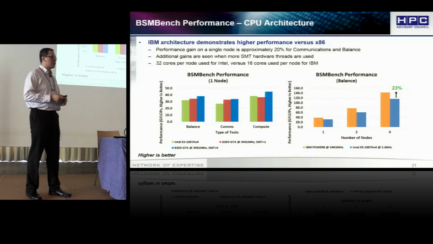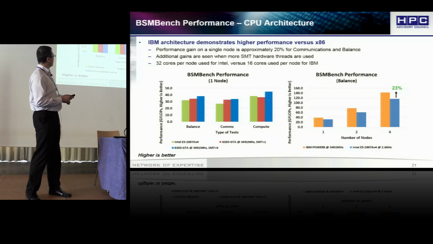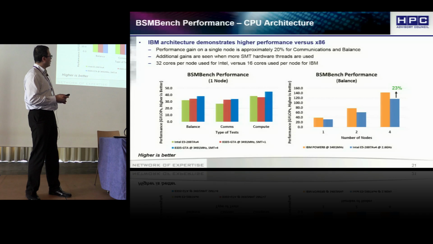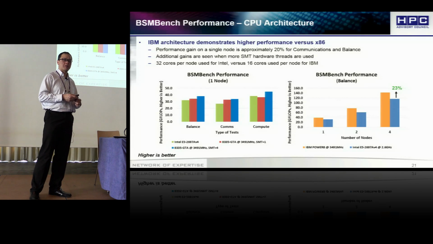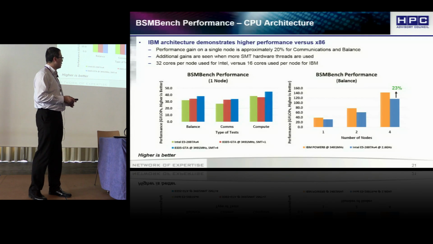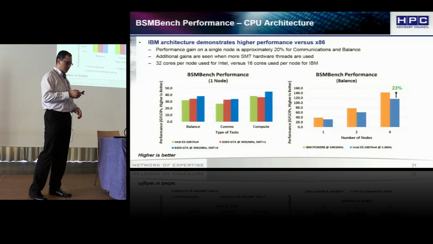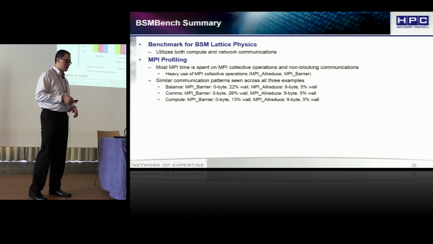So the performance difference is actually a bit high here, because you can see that it's about 20% performance gain by having the IBM core on a single node basis. And the same trend is seen across 2 and 4 nodes as well.